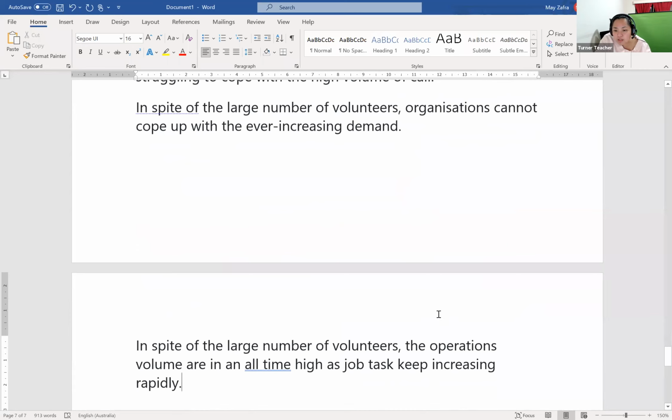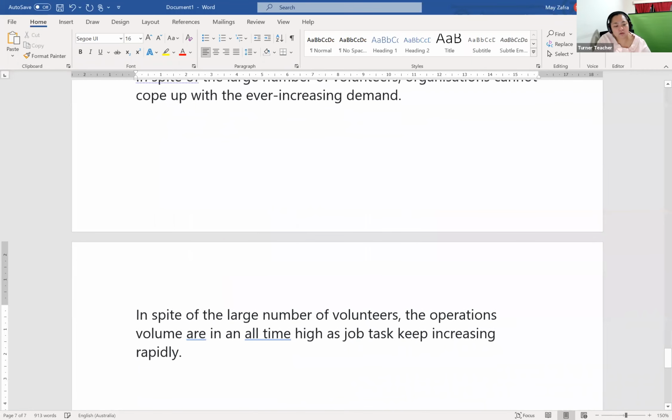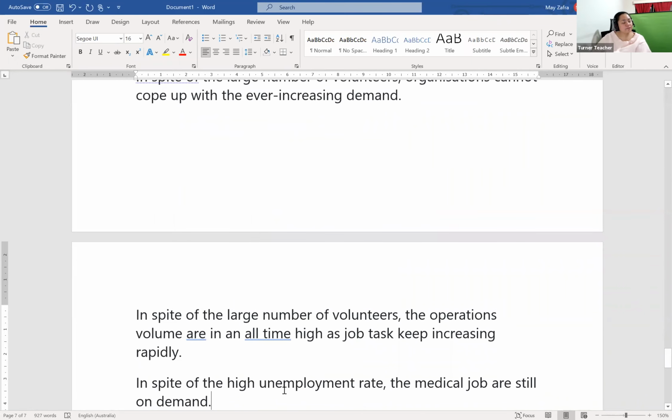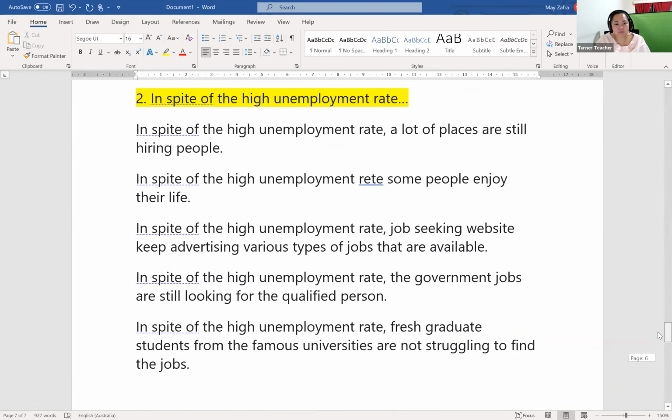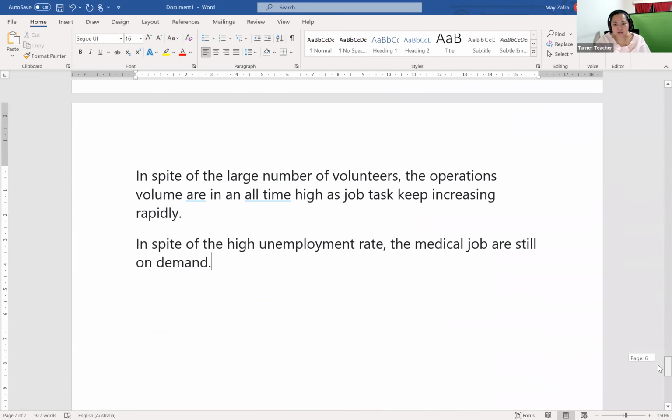In spite of high unemployment rate, the medical jobs are still on demand. Yes, well done, Yasmin. Good job. Okay. 2 more minutes and we'll wrap up. Beautiful. Now you guys are learning how to do these beautiful sentences.